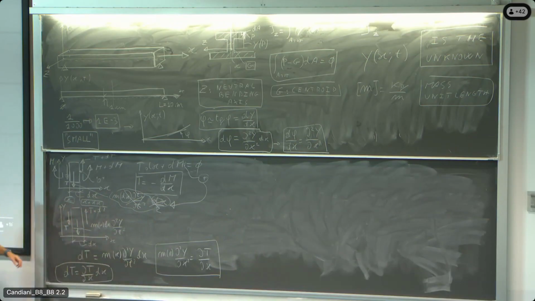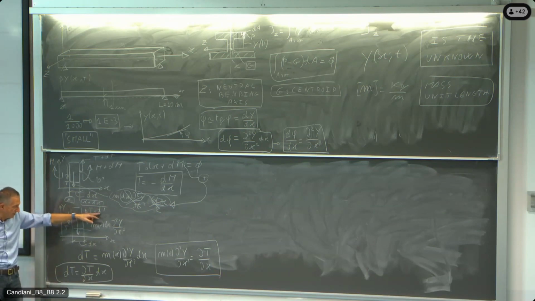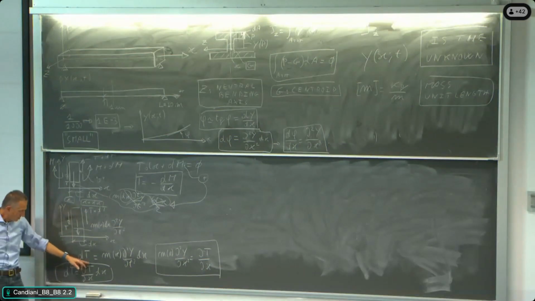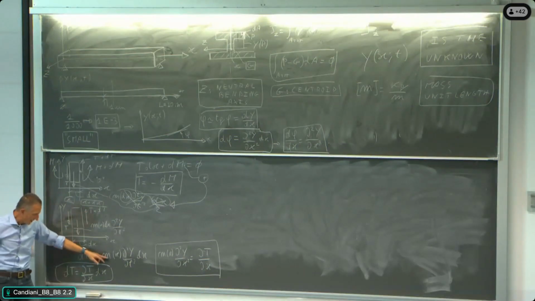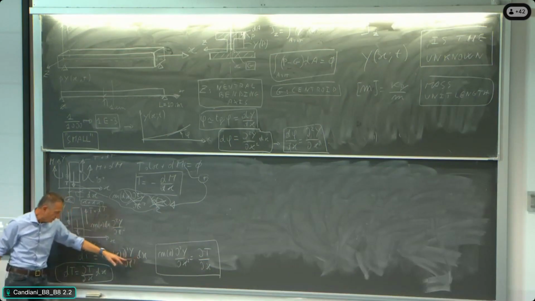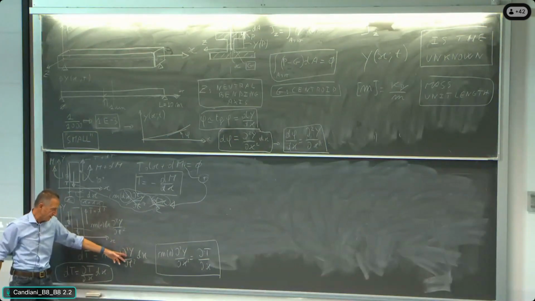So the equilibrium is that the increment in the shear is balancing the inertial force. And so dT is equal to mass per unit length multiplying dx multiplying the second order derivative, the local acceleration.